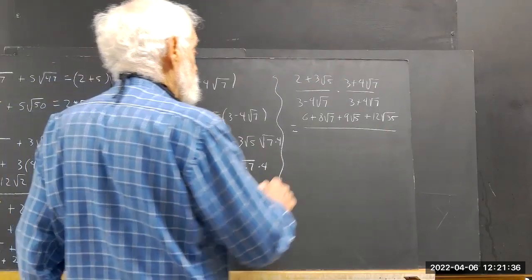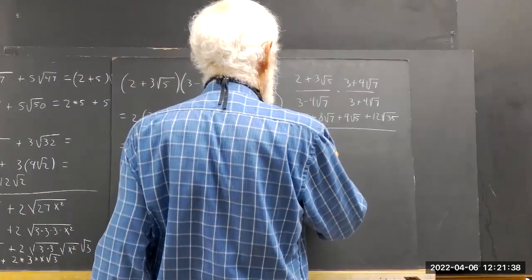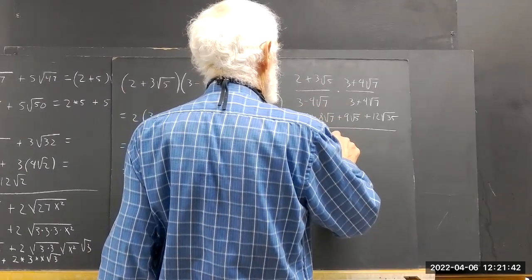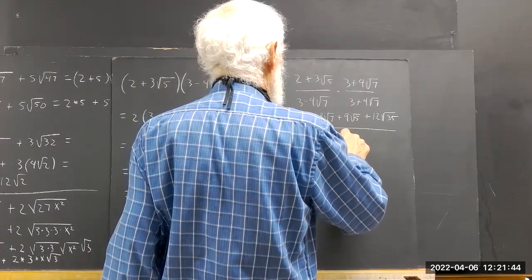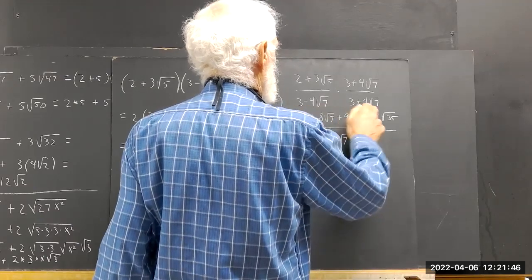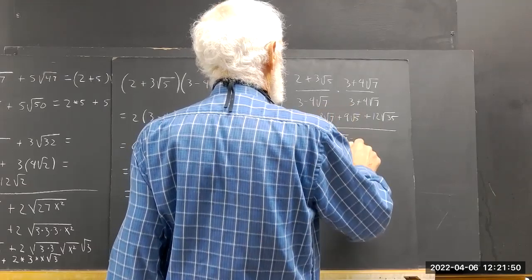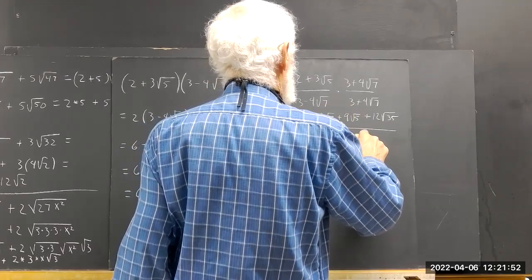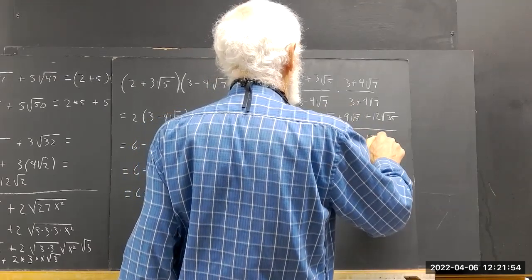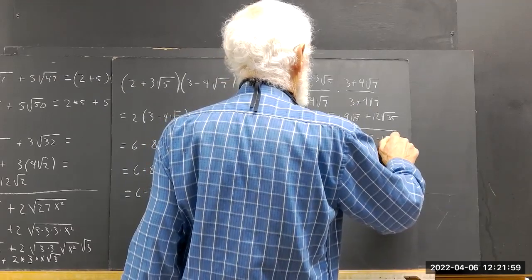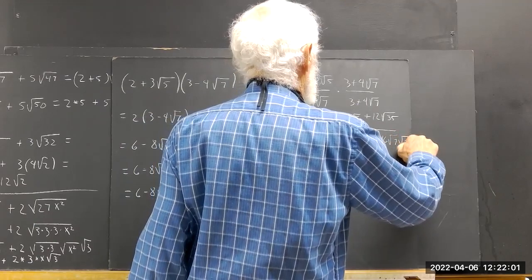The denominator is going to give me 3 times 3. Three times 4 square root of 7 is 12 square root of 7, minus 4 square root of 7 times 3. So that's 12 square root of 7 minus 16 square root of 7 times the square root of 7.